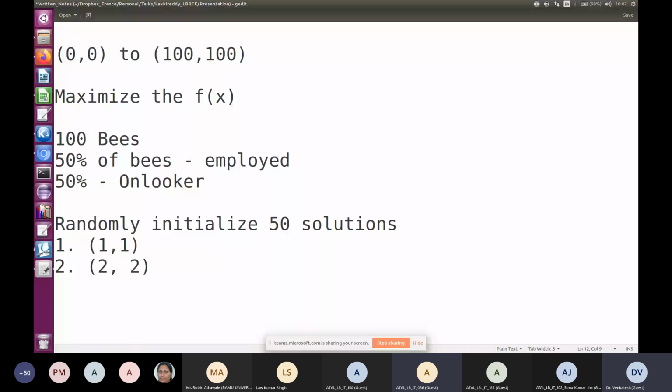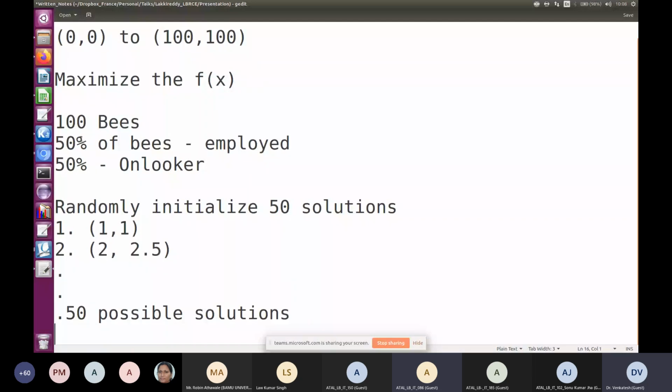They will be randomly initialized. So there will be around 50 possible solutions. These 50 possible solutions will all be associated with the employed bees.